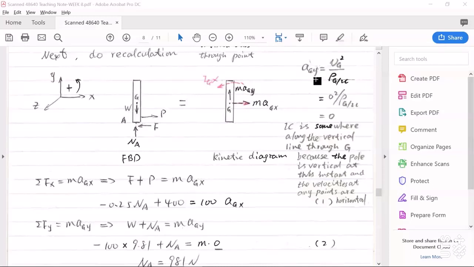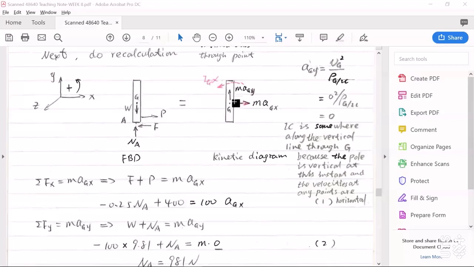For AGY, again, because at this instant, this rod is vertical, so at this instant, the velocities at any points in this slant rod must be horizontal.